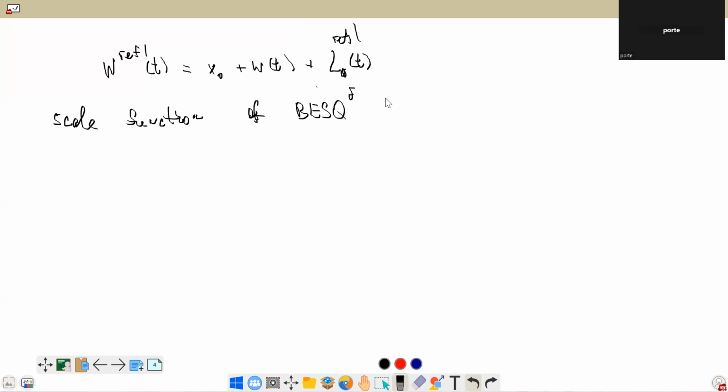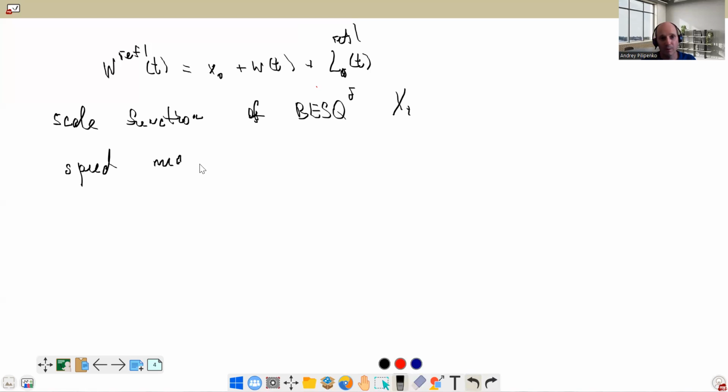Okay. Let me recall the scale function of a square of Bessel process X, and then I will also introduce the so-called speed measure. The scale function S of x, the speed measure m dx, which has some density.